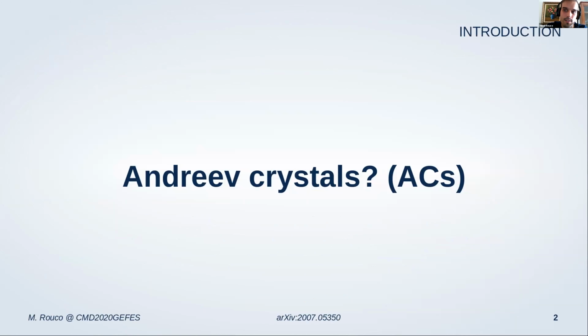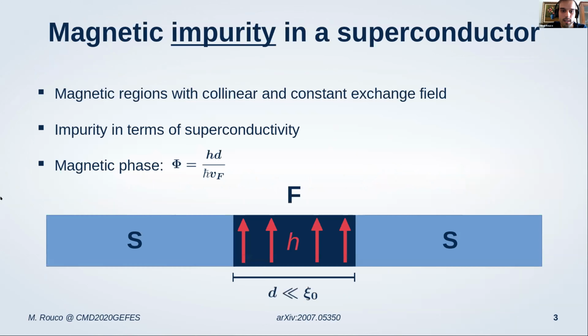As an introduction, I first want to explain what Andreev crystals are and why we chose this name for them. We begin by considering a single magnetic impurity in a superconductor. To explain the nomenclature, by impurity I mean that it is an impurity for the superconductivity, that is, the characteristic length of this region is much smaller than the superconducting coherence length. For simplicity, we consider a quasi-one-dimensional system where the exchange field in the magnetic region is constant and collinear.